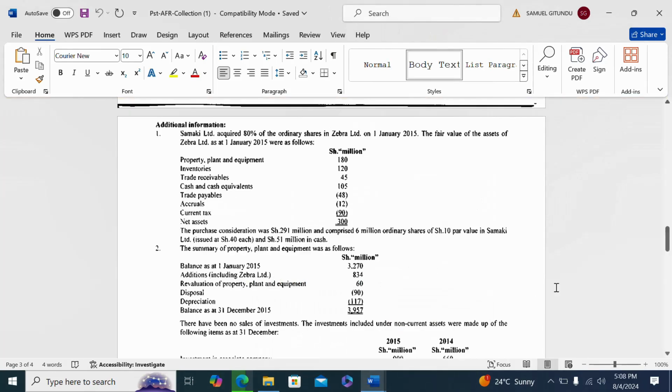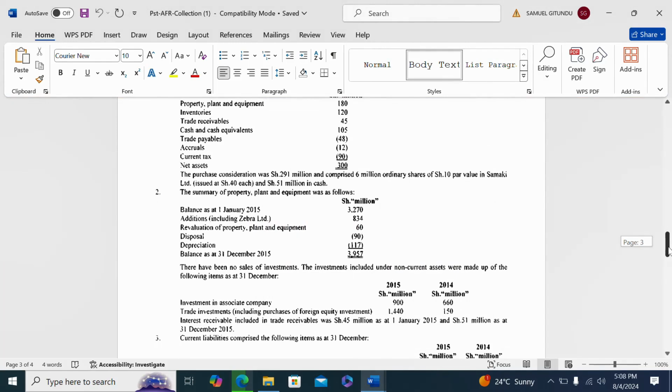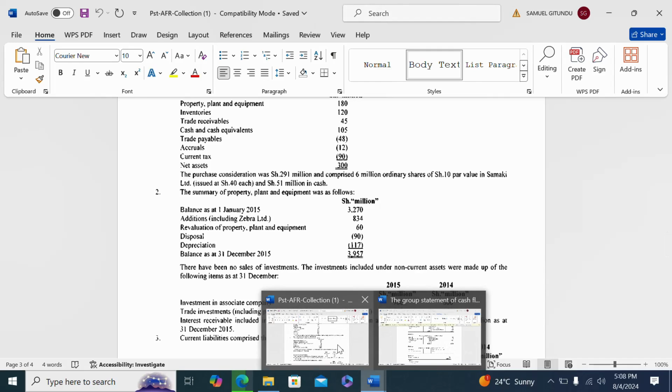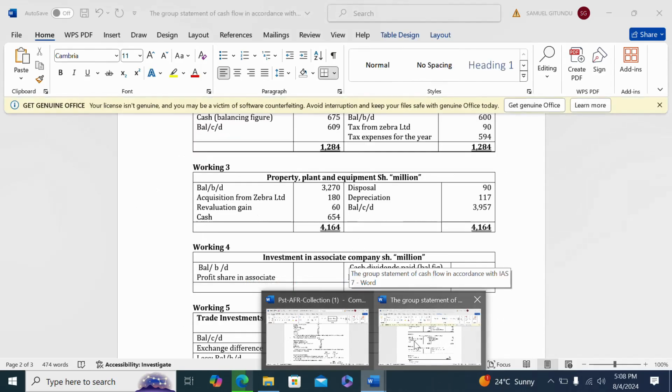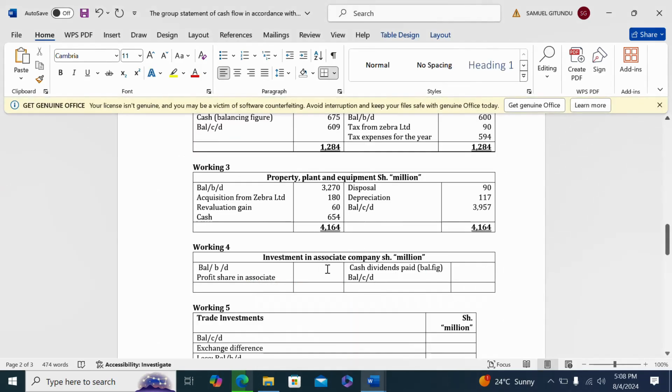From additional information number 2, investment in associate company as at 1st December 2014 was 660, and as at 1st December 2015 was 900. So the balance brought down of investment was 660, and the balance carried down was 900.